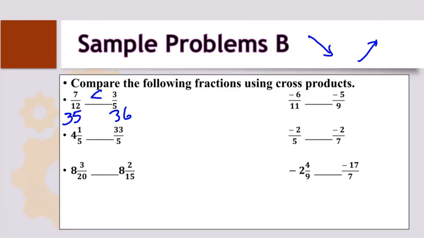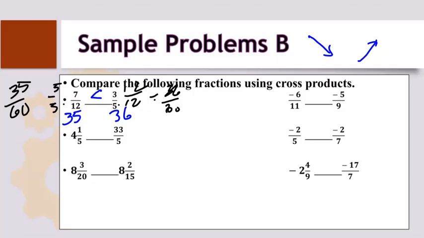Now, if I wanted to do common denominators, the common denominator of 12 and 5 would be 60. So if I multiply this by 5/5, I would get 35/60. And over here, if I multiply by 12/12, that would give us 36/60. And 36 is bigger than 35.